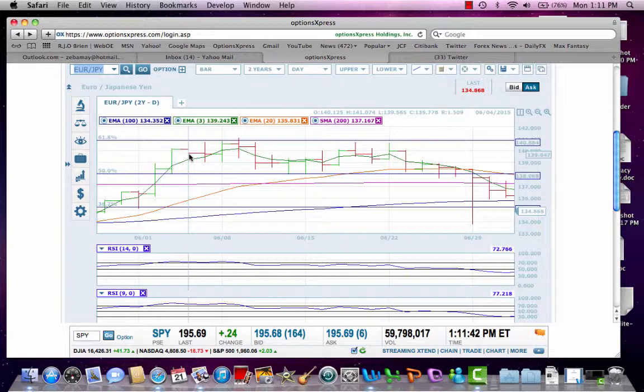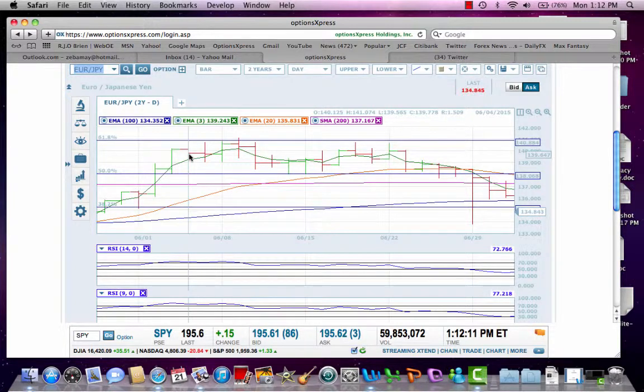So we're going to leave our stop right at 141.10 or 141.15. Doesn't necessarily matter. And keep in mind, in real dollar terms, on a 100,000 euro yen position, we're talking about a little over $200 loss on this trade for the retail traders out there.